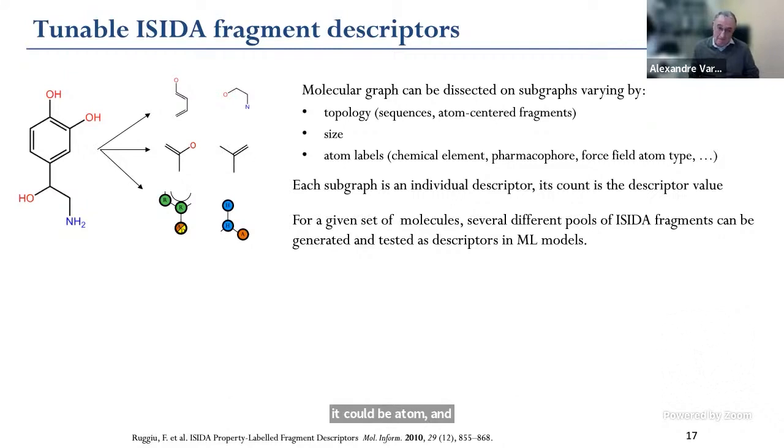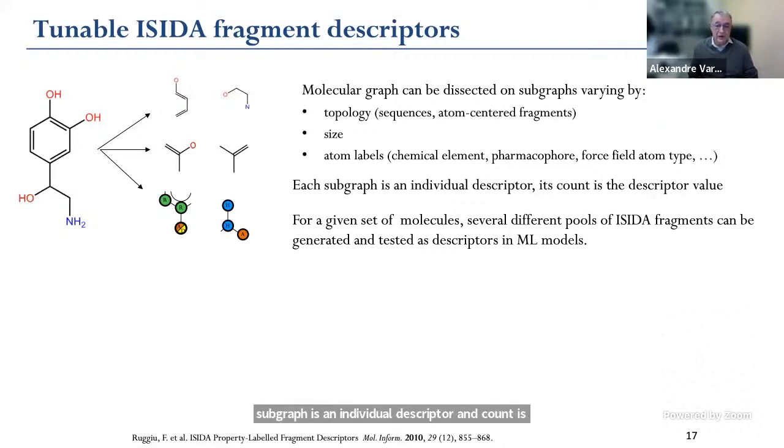Another parameter for variation is size, and also we can vary atom labels. We can use symbols of chemical elements or pharmacophores or force field atom types. And each subgraph is an individual descriptor, and count is the descriptor value.